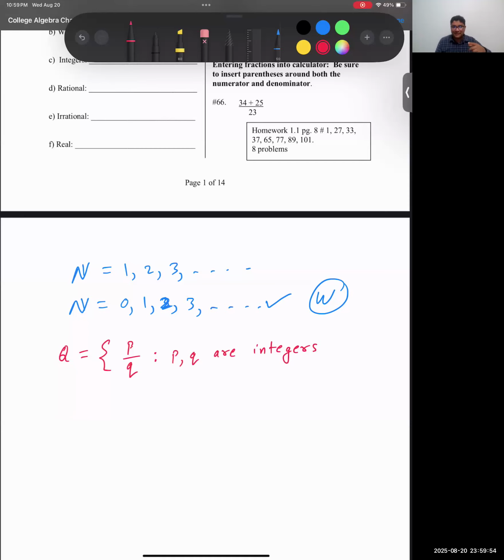The numerator and denominator have to be some integer numbers like 1/2, 3/5, -7/5, like that. And there's one more condition. The denominator cannot be 0. That collection is called rational numbers. So that's a pretty mathematical definition of what rational numbers are. Good to know, or fun to know.